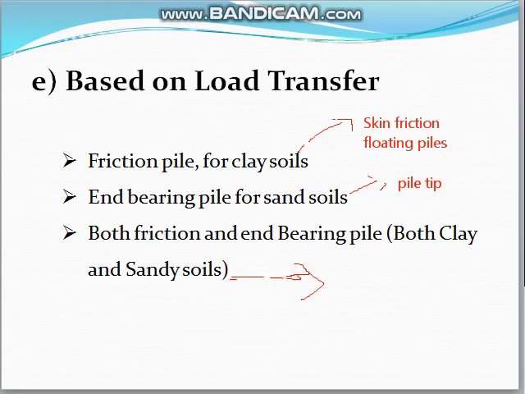This is used to transfer load through the combined action of end bearing and friction along the surface area of the pile. Okay, so these are the three different types of piles here. One is the friction pile, another one is the end bearing pile, and the third one is the combined end bearing and friction pile.